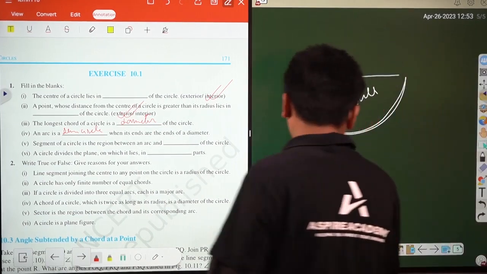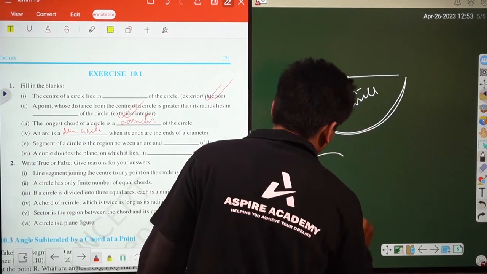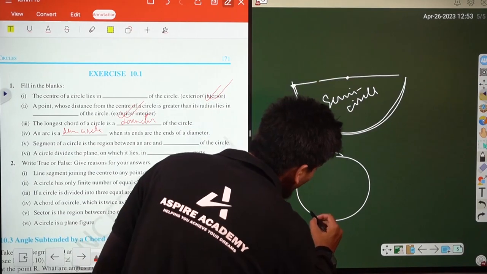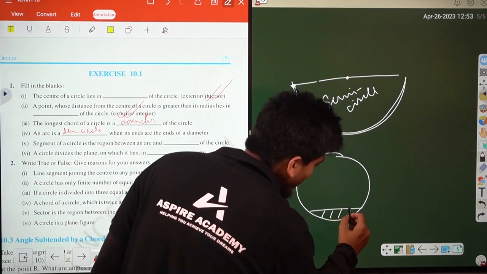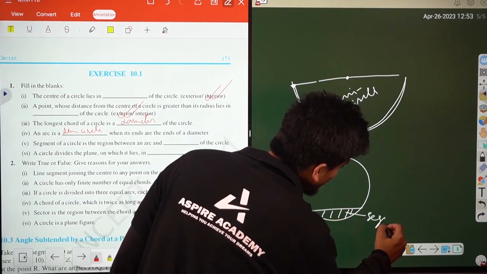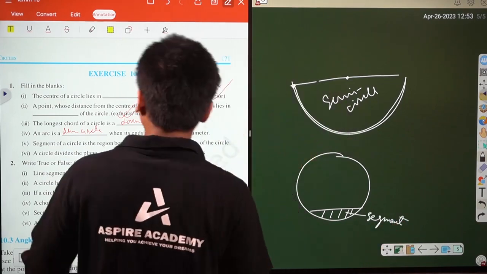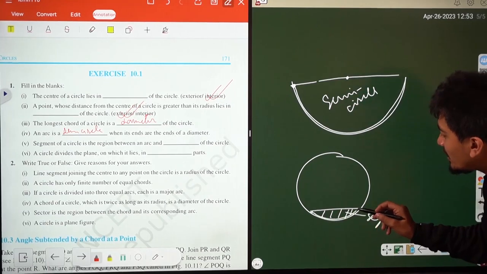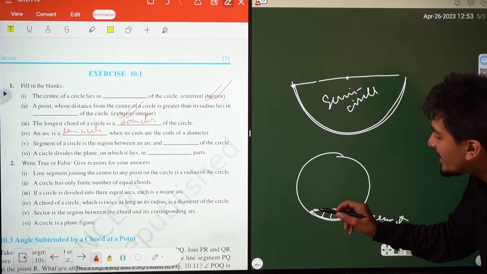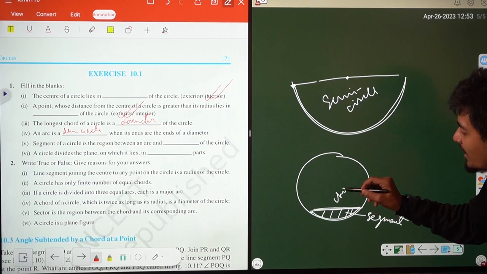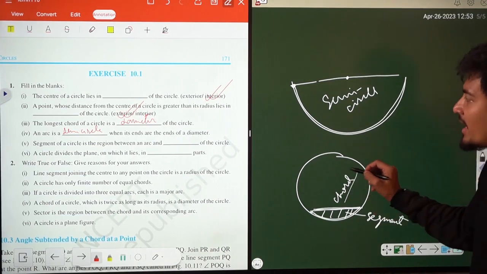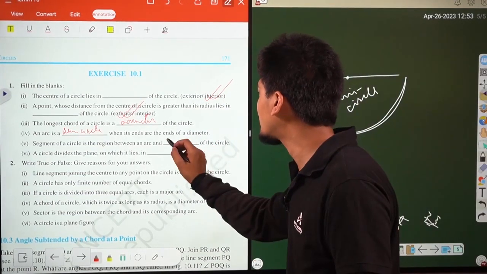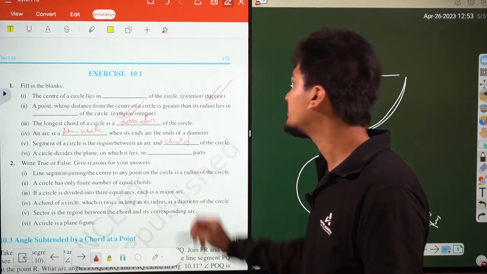So this is the circle and this is the segment, right? We call it a segment. So it is written that segment of a circle is the region between the arc and what is this line called? It is known as a chord, right? The chord of a circle. So we can write here chord.